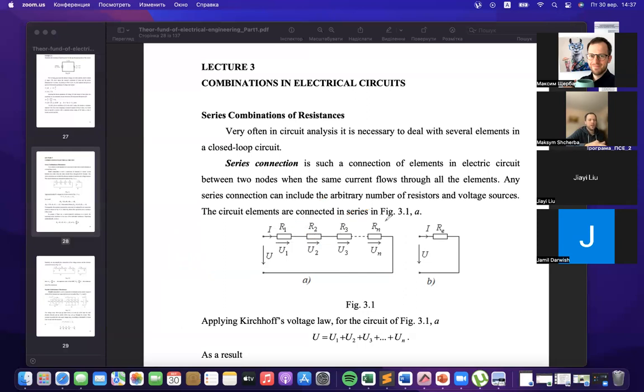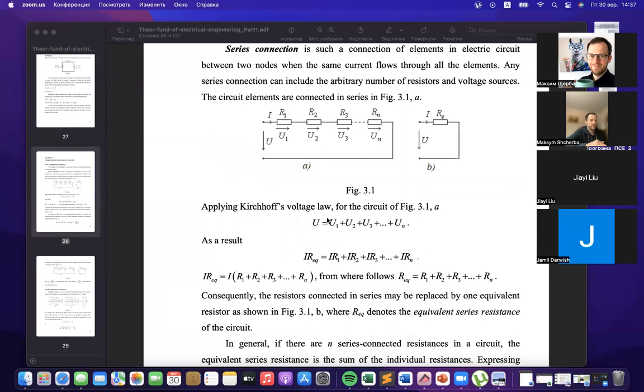Only without any additional connection, the current should stay the same. Here it is. The current I should stay the same for each element.